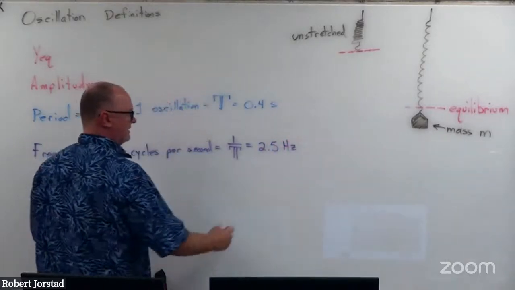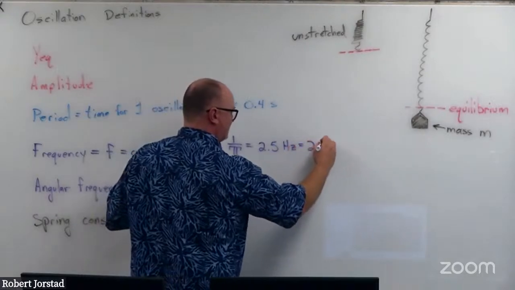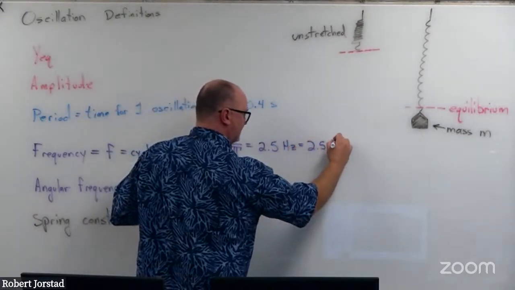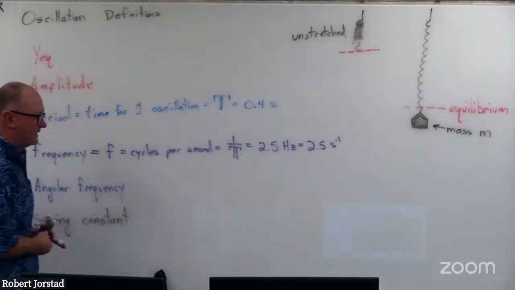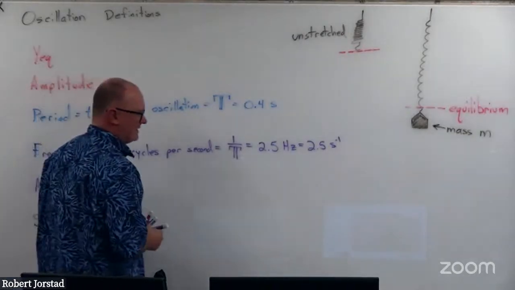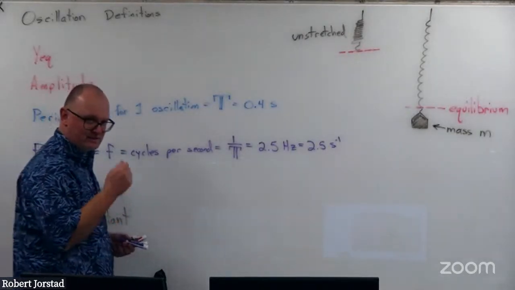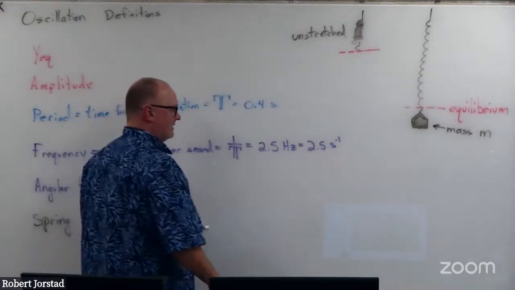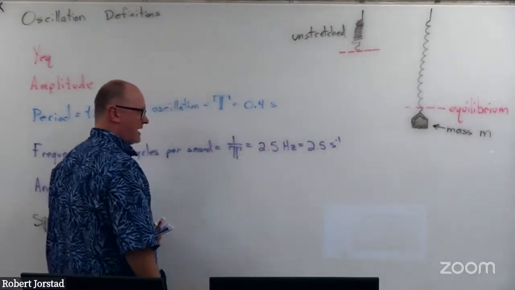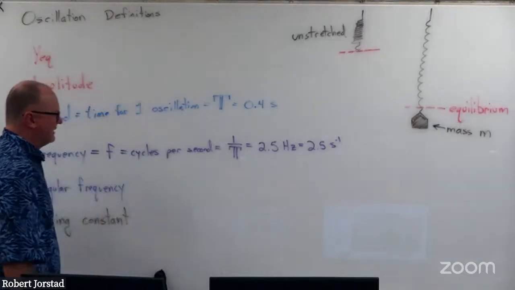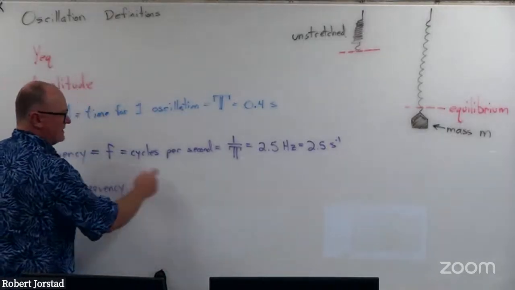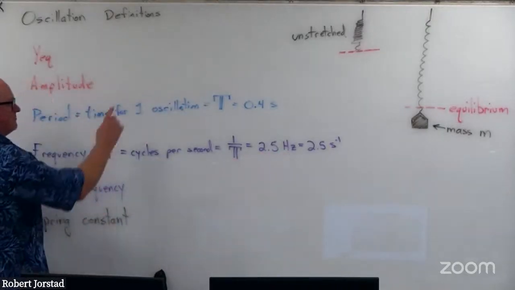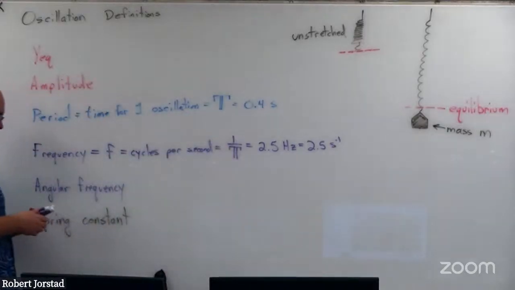Sometimes you'll see that as 2.5 seconds to the -1. I like to remember that hertz kind of sounds like the German word for heart, which beats about once per second. If that helps you remember, great. If it doesn't, who cares? So the units of frequency are hertz. The units of period are seconds, and they're related.